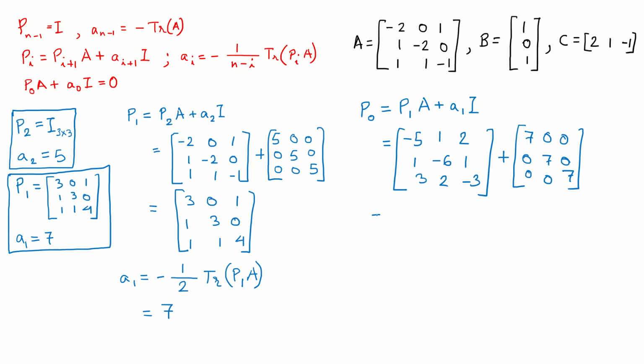So what we get for P0 is this: 2 1 2 1 1 1 3 2 4.